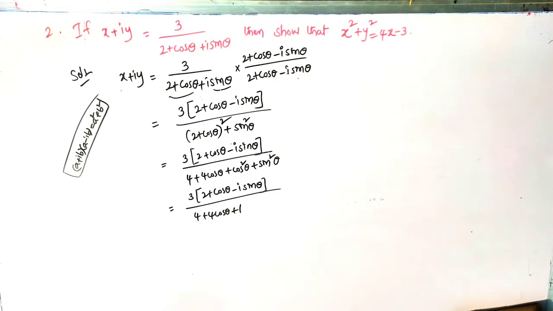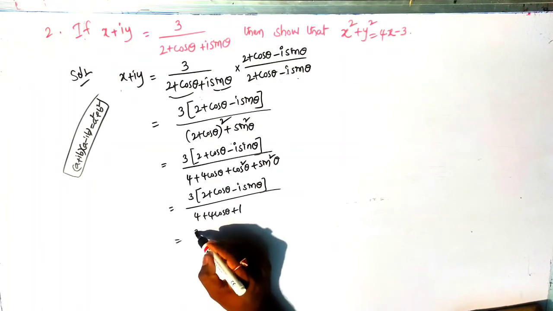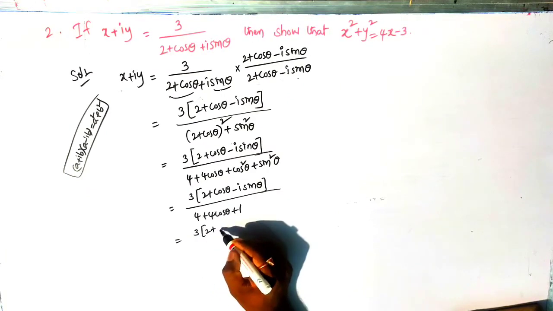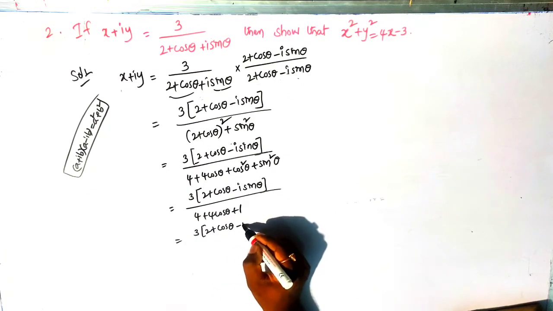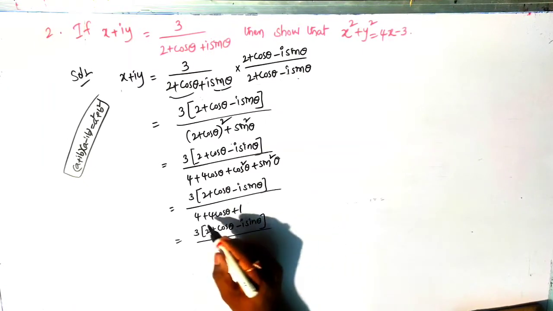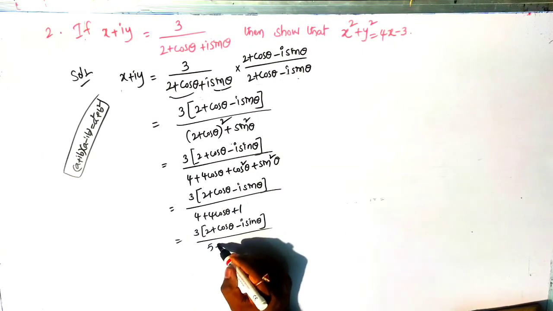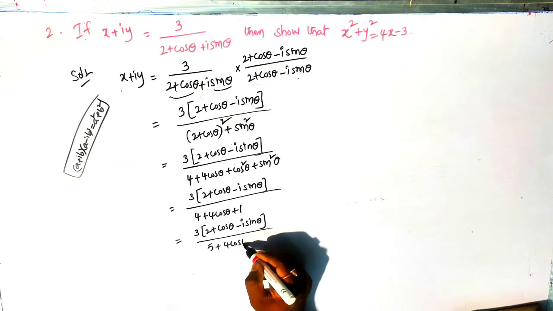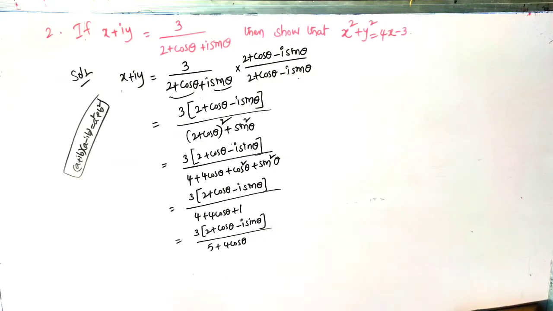cos square theta plus sin square theta equals 1. So 3 of 2 plus cos theta minus i sin theta, divided by 4 plus 1, which is nothing but 5 plus 4 cos theta.